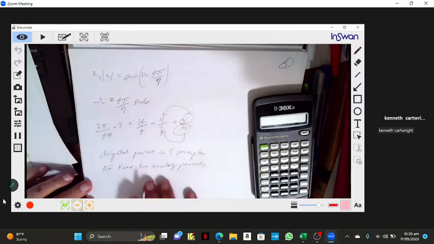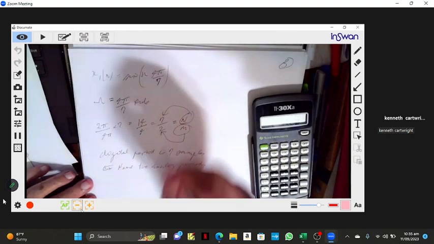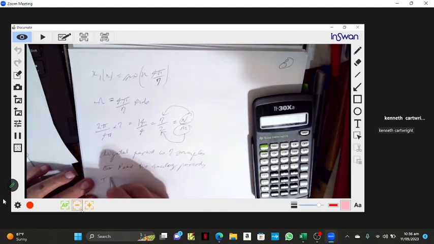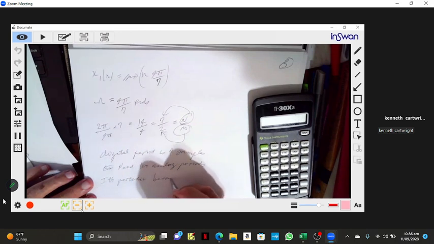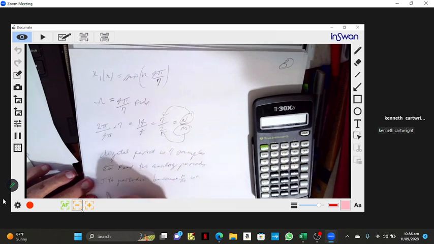So it's periodic, because N over M is a rational number.